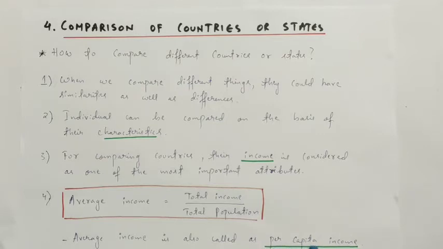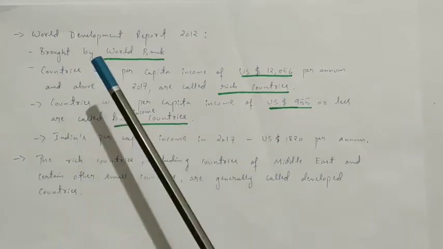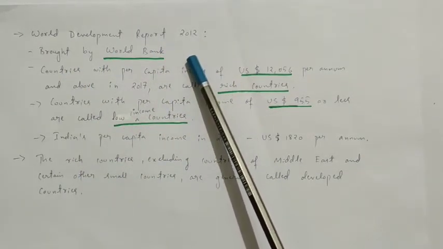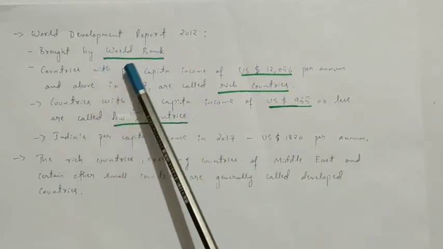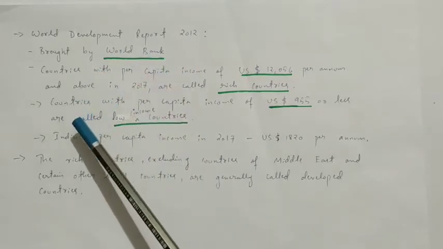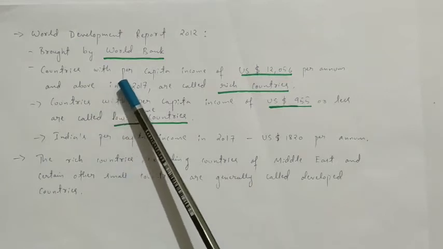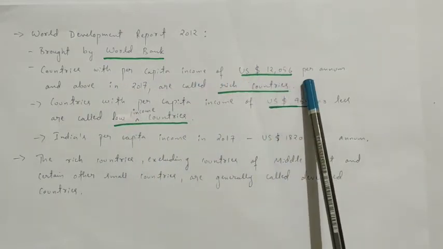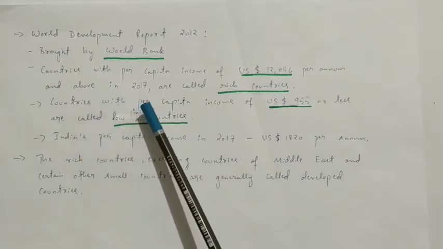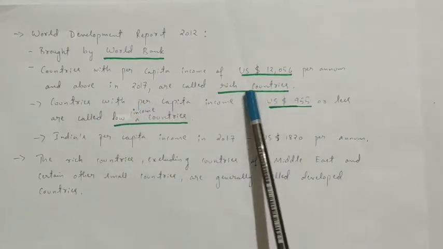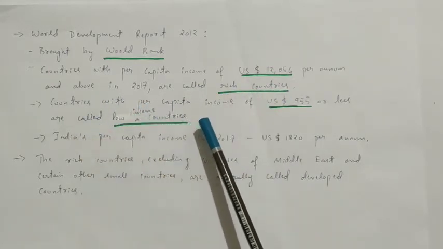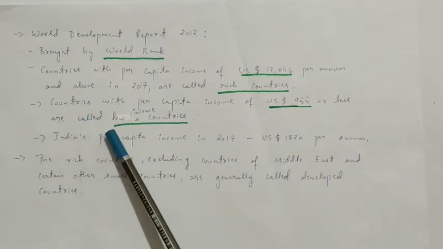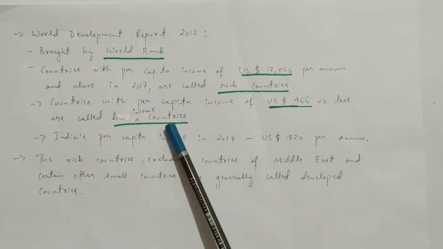Capita means head. Now, World Development Report 2012 is a report on development brought out by the World Bank. Here you can see that countries with per capita income of US dollar 12,056 per annum and above in 2017 are called rich countries. Countries with per capita income of US dollar 955 or less are called low income countries.